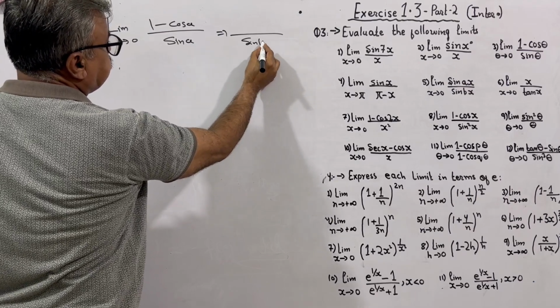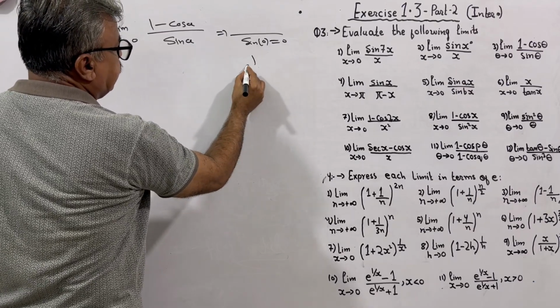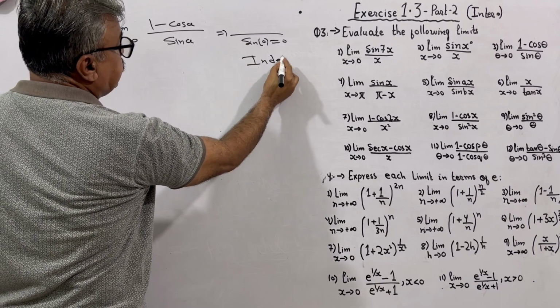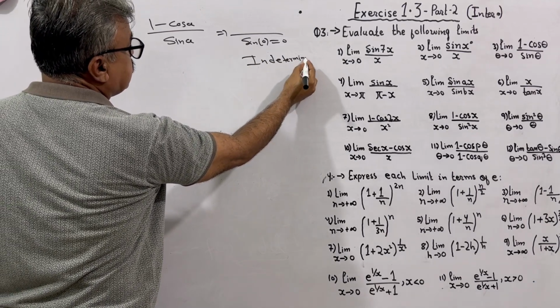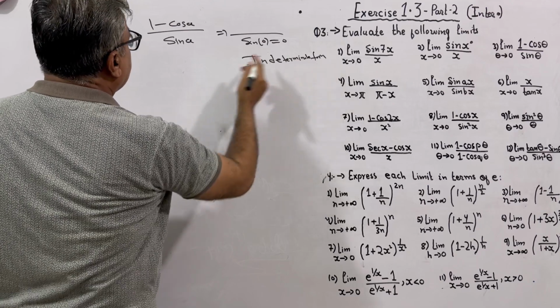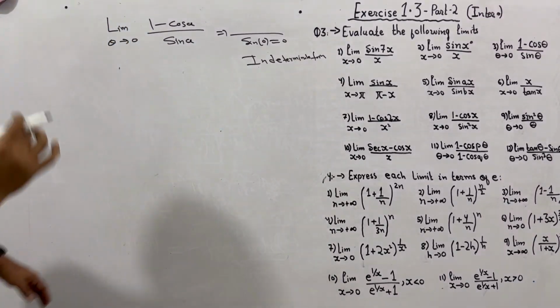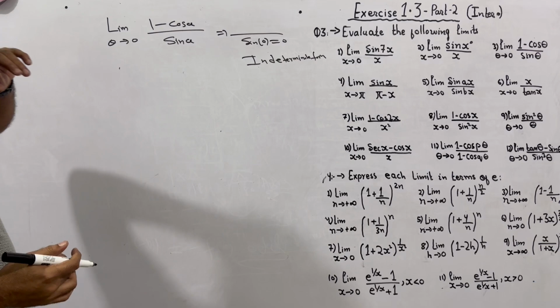Sin 0 is 0, so here again it is an indeterminate form, overall 0 in the denominator.